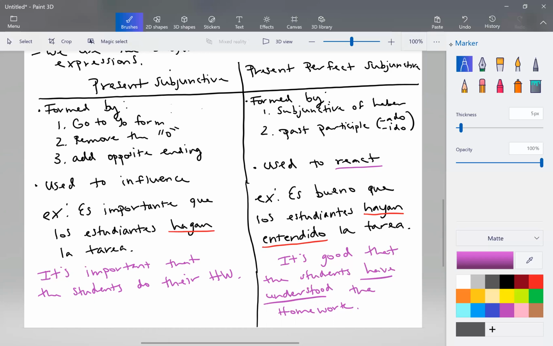Did it happen? No, it's not certain. It's not certain, not necessarily. But by me saying it's important, I'm trying to influence, right? I'm trying to influence students to do their homework in an indirect way, because I'm not saying, hey, you do your homework. I'm saying it's really important that you do your homework. So it's less direct. Okay?